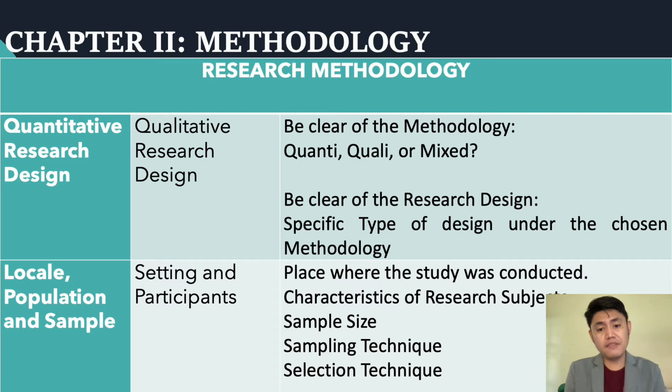When we speak of quantitative research methods, that means that you are using numbers, statistics, to answer a specific research question. But when we say qualitative research studies, we will be using words, experiences, thoughts, and opinions of other people to answer a research question.